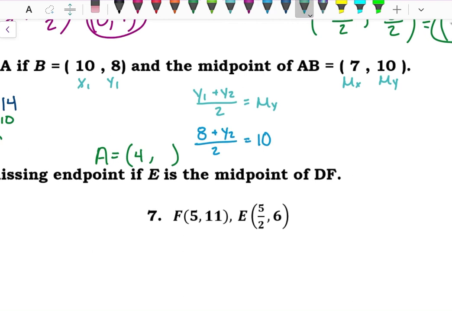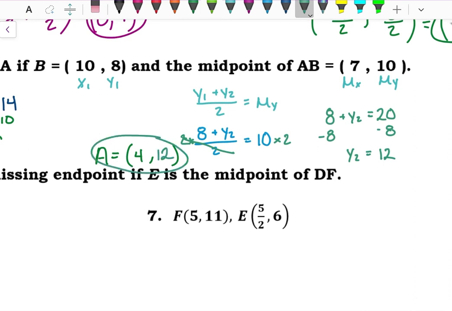First thing, I'm going to multiply by 2 again to get rid of that 2 at the bottom, but whatever I do to the left, I have to do to the right. So I've got 8 plus y2 equals 20. Subtract 8, and you get y2 is equal to 12. So y is 12.